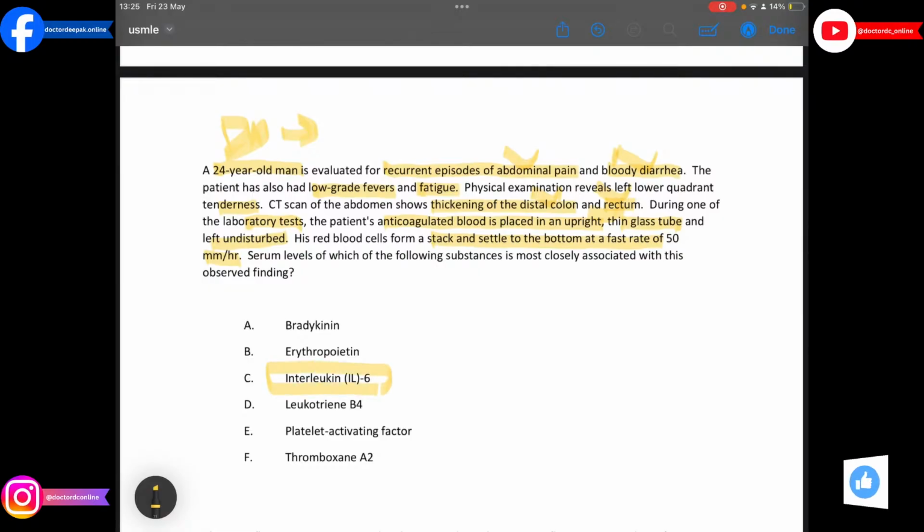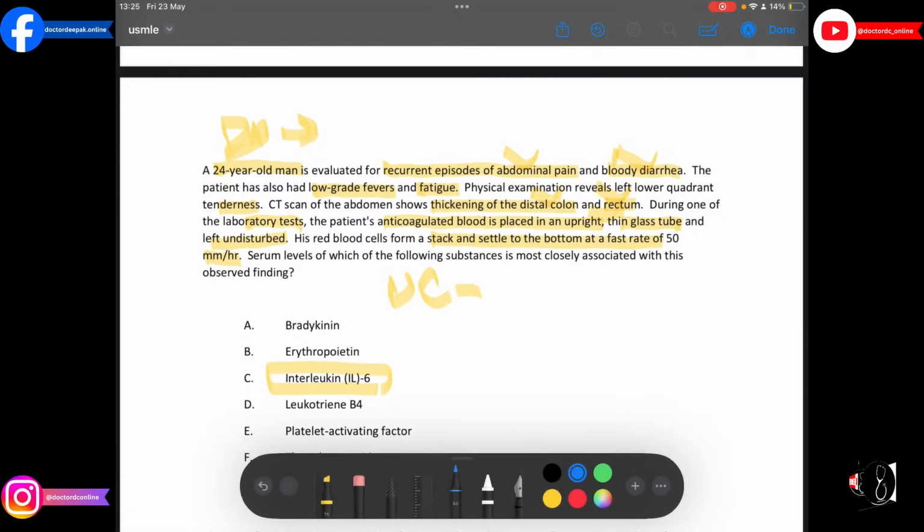Because it is ulcerative colitis, it is a chronic inflammation, and chronic inflammation mostly contains circulating elevation of pro-inflammatory cytokines.